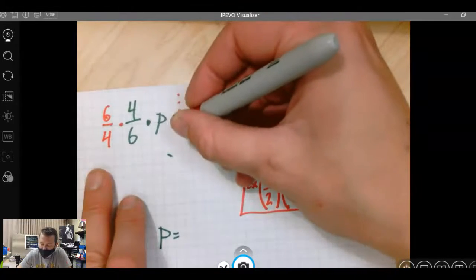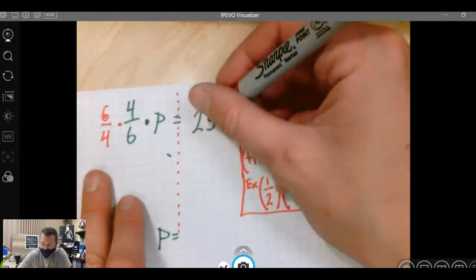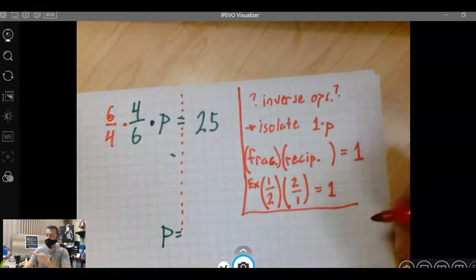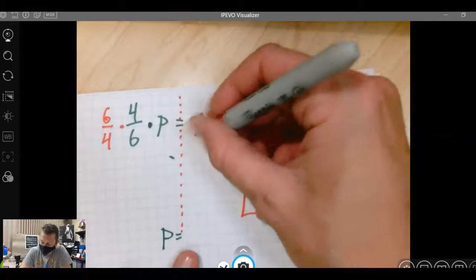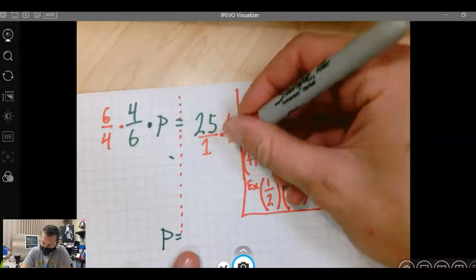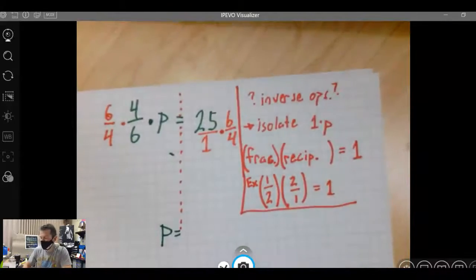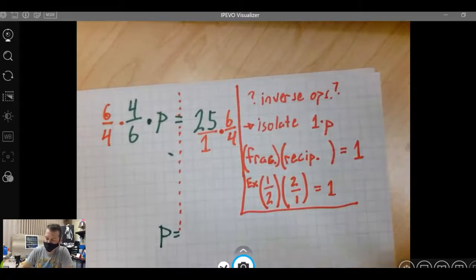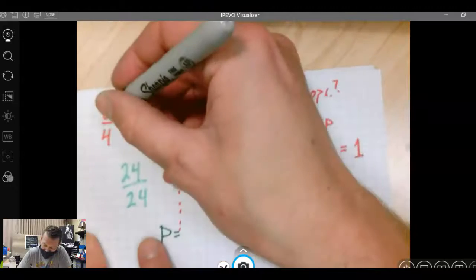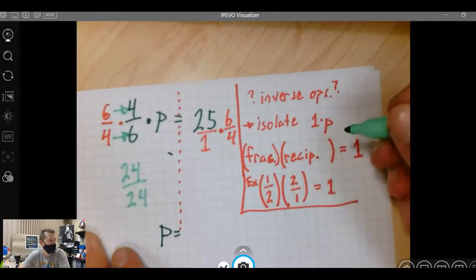But remember, when we do something on one side, we have to do it on both sides. Now, 25 is not a fraction. How could I turn 25 into a fraction? 25 over 1, or 25 wholes, times 6 over 4. On the left side, I get 24 in the numerator when I multiply straight across, and I get 24 in the denominator when I multiply straight across.